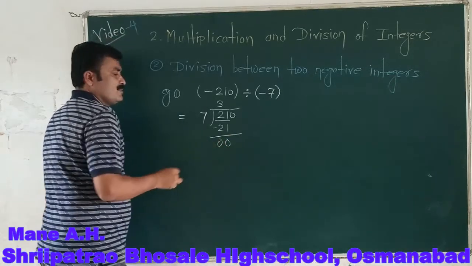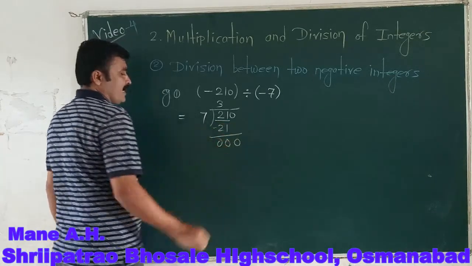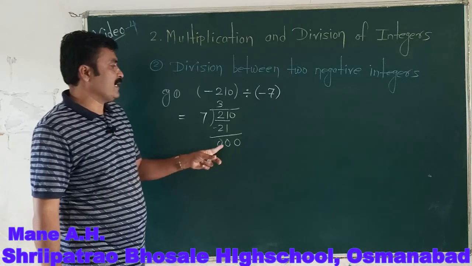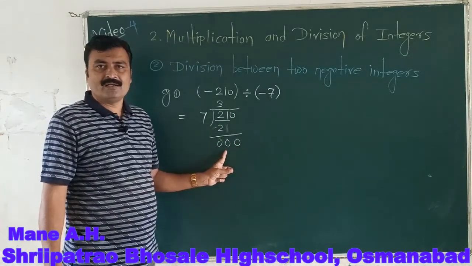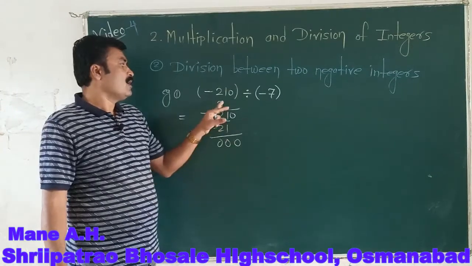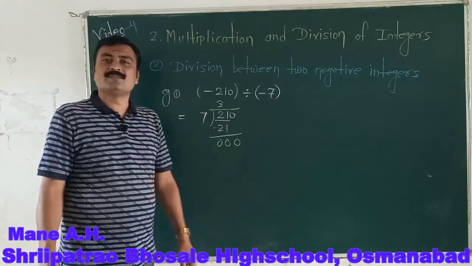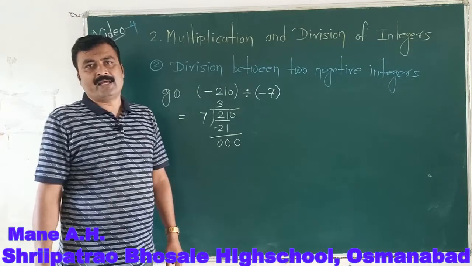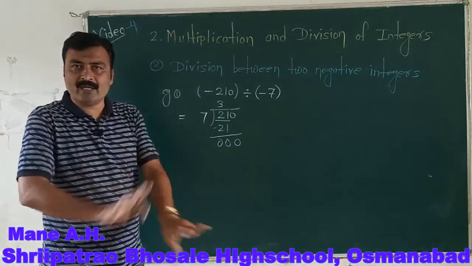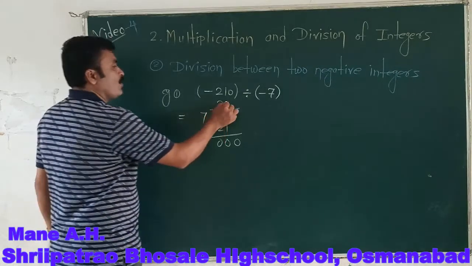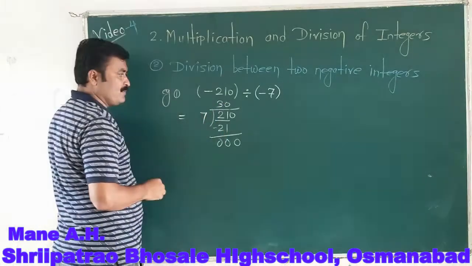Now this 0 we take, and again here I am explaining that some students say the division is complete because 0 is obtained here, and they forget to put 0 at the quotient place, and if you forget this 0, then the whole division will be wrong. So we take quotient as 0 after 3 here.